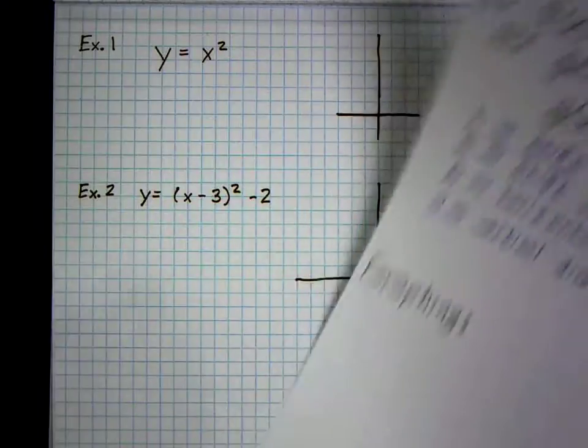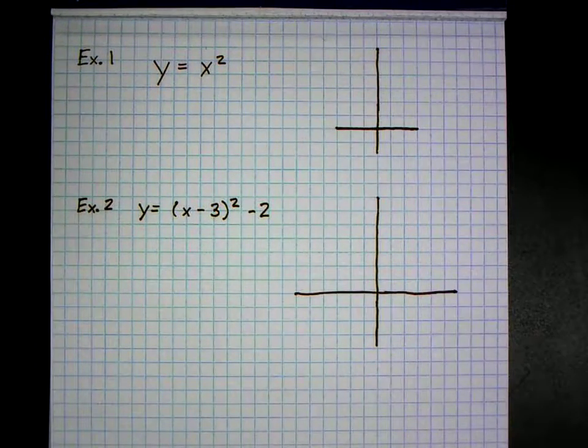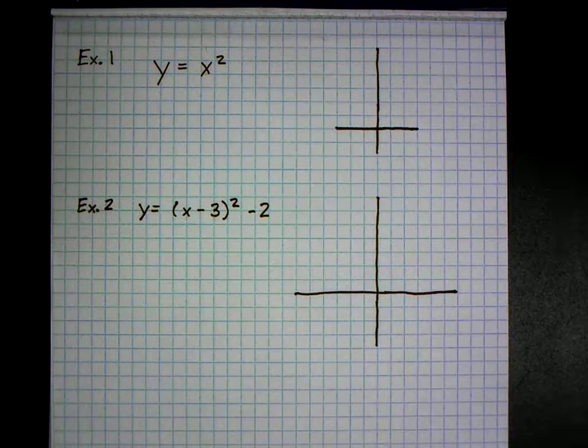All right, so graphing. It really doesn't matter what we use for parent functions. So just so we don't have to redo this for every single parent function, I'm going to stay consistent and do this for x squared. I'm lying a little bit, because for the b, I'm going to switch to square root.